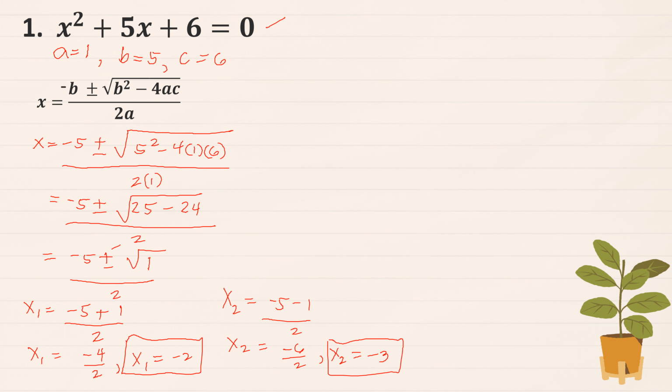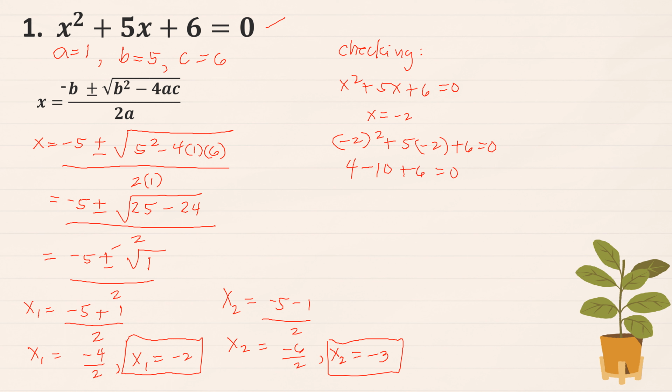And how do we know if our answer is correct? Let us go now to check. The original equation is x squared plus 5x plus 6 is equal to 0. If x is negative 2, then negative 2 squared plus 5 times negative 2 plus 6 equals 0. This will be positive 4 minus 10 plus 6, which is negative 6 plus 6.